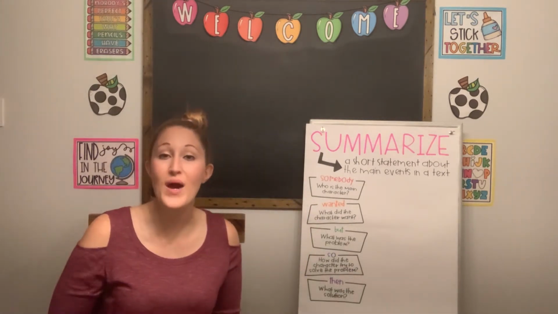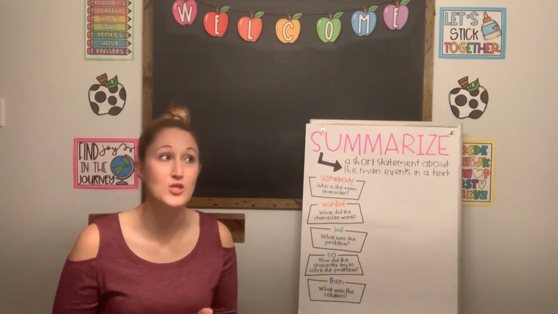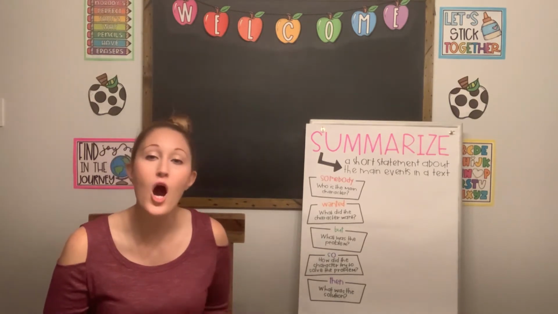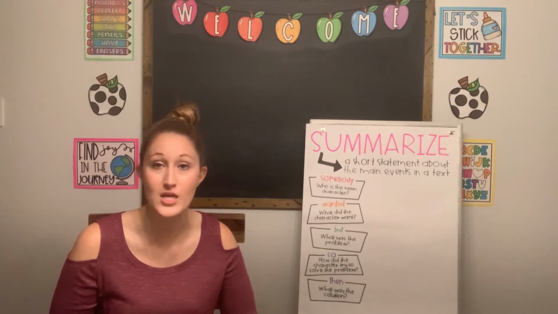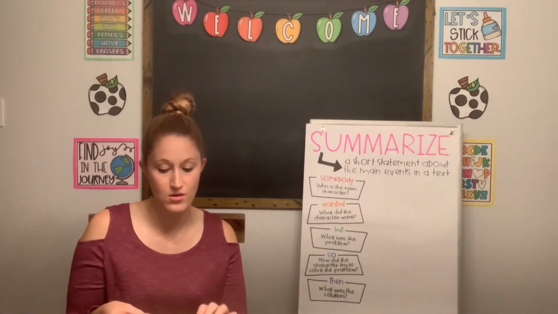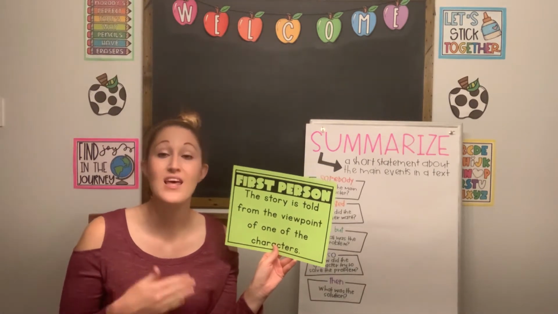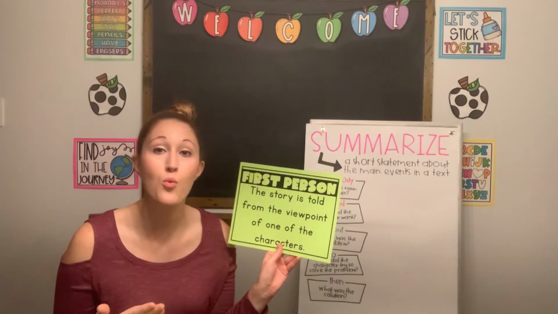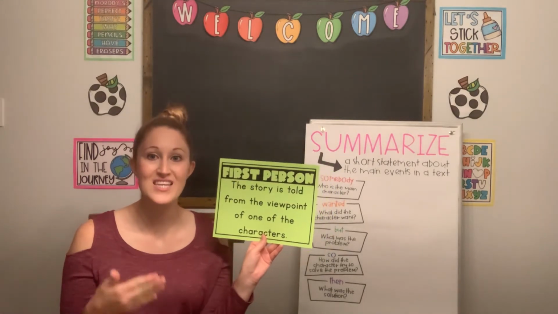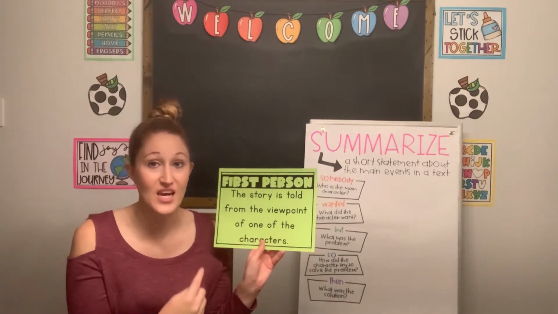Okay? And so the way in which we identify if a story is first person or third person is that we often look for key words to help us. So when we're talking about first person, we look to see if there are words like I, me, we, words that would identify that the story is being told by one of the characters, right?